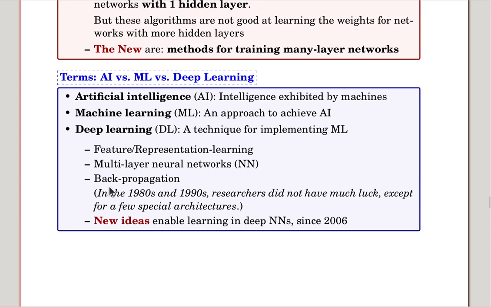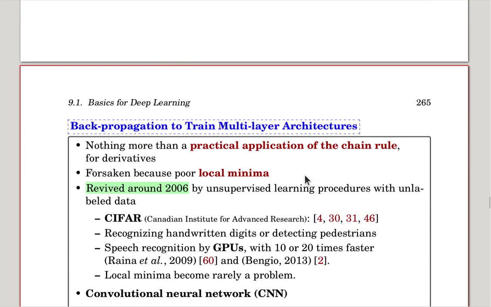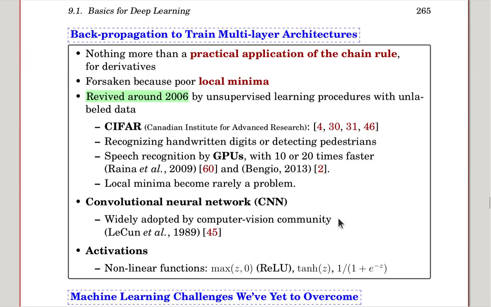Backpropagation is also known from a long time ago. However, earlier it was not really working well, except for some special examples. But later on, from 2006, it was revised, and then it started working wonderfully. Backpropagation is used to train multi-layer architectures.